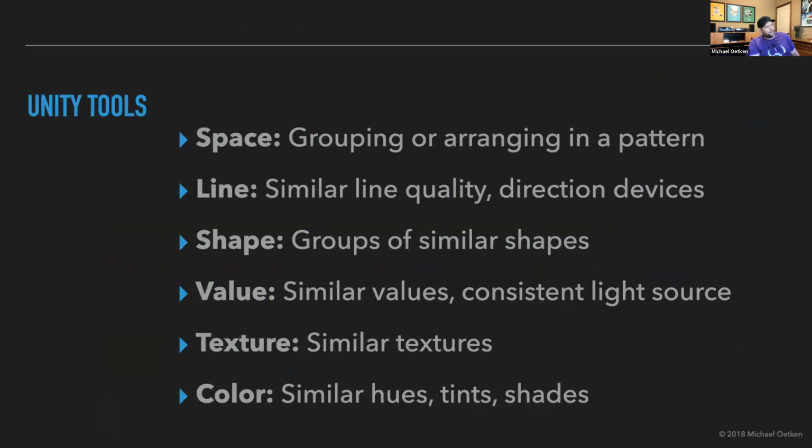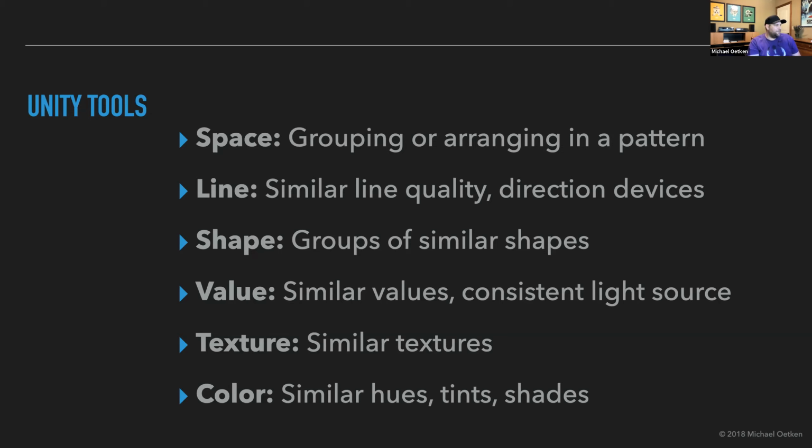So this all goes back to those design elements that we talked about for the first 8 weeks of class. And these are kind of your tools that you'll use to create the unity within your compositions and your layouts. We have space, where we're grouping, arranging things in a pattern, some sort of equal alignment, right? We have line, maybe using similar line widths, qualities, maybe the shape of the line, helping to move the eye in the directions that we want on screen.